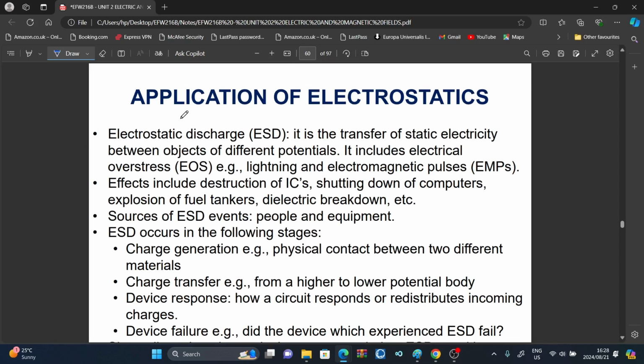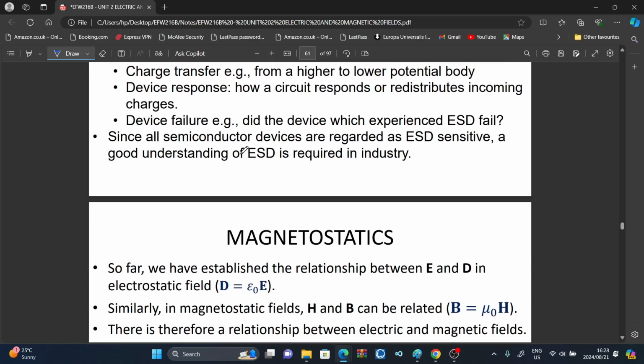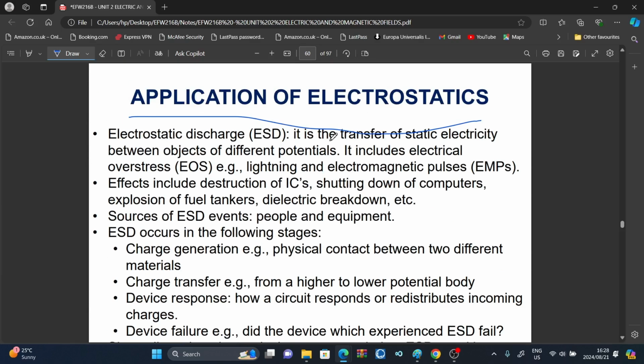Now the applications of electrostatics, you can read through where they are used: ESD or electrostatic discharge, how it is used in ICs, EMP or electromagnetic pulse, lightning protection. So yeah, you can read through this.